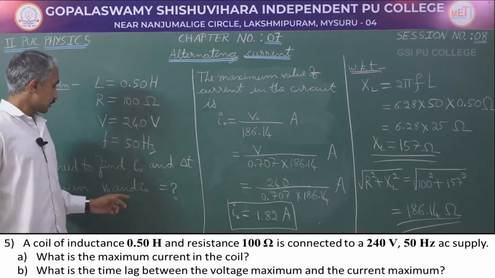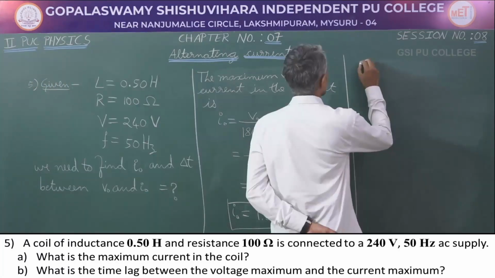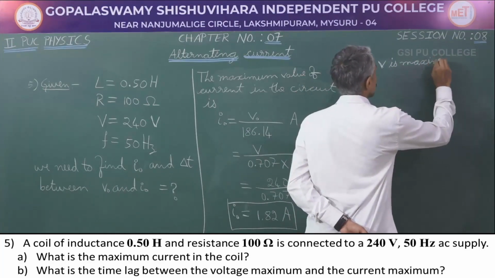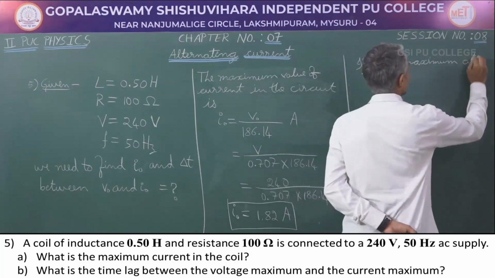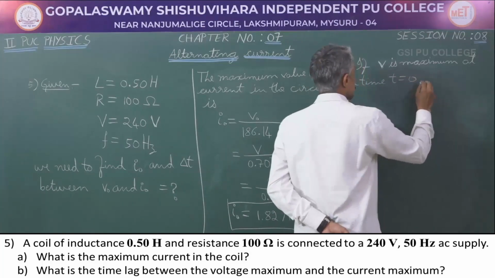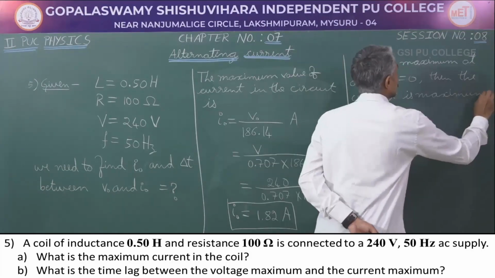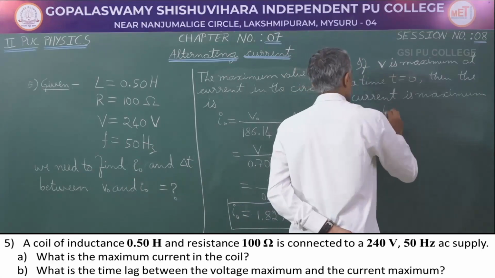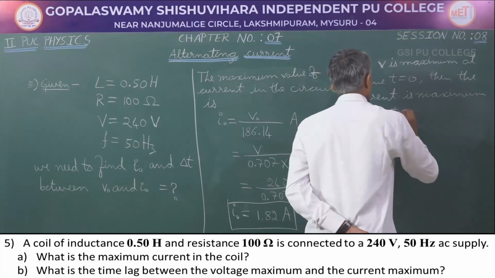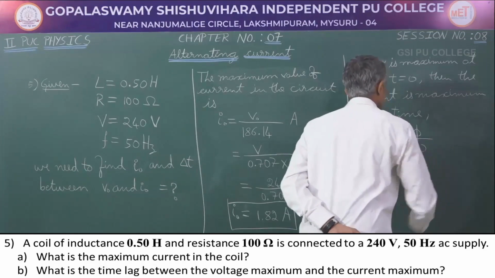Now we are left with finding the time lag between the voltage and the current in the circuit. If V is maximum at a time t equal to 0, then the current is maximum at a time t dash, which will be equal to phi by omega.